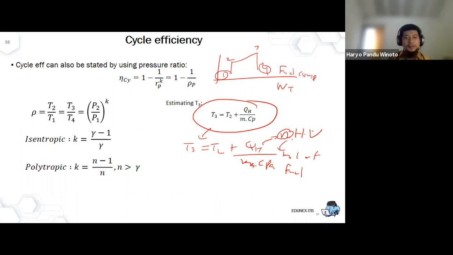The fuel consumption we get from the datasheet, and the turbine work we get from the control panel, from the PC used by the operator. We don't know T2, we don't know T3. How can we estimate it? We can use this estimation.